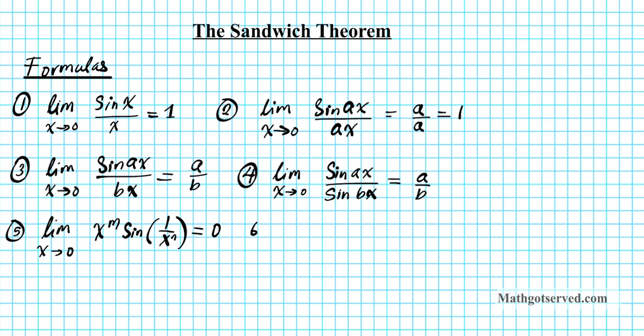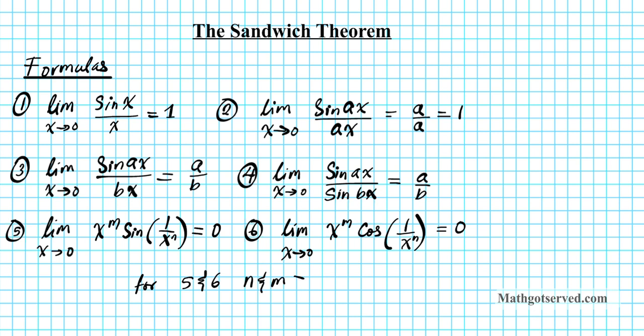Okay, and number 6 is similar to that, the limit as x approaches 0 of x to the m cosine 1 over x to the n. This one is also equal to 0. Okay, so note for 5 and 6, n and m have to be greater than 0.